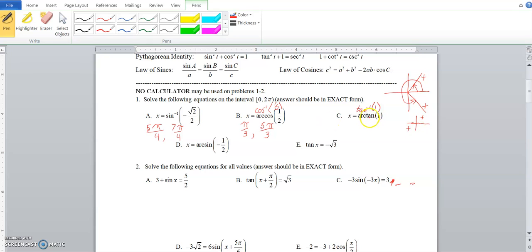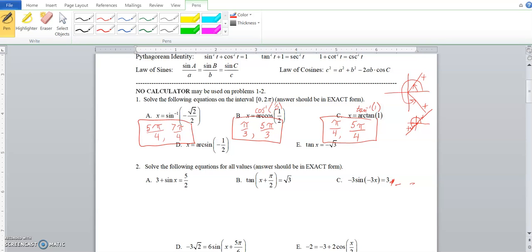So the first time we see tangent equal to 1 is pi over 4. And the next time we see it is straight across from that at 5 pi over 4. So if I'm boxing answers here, this is what it looks like.